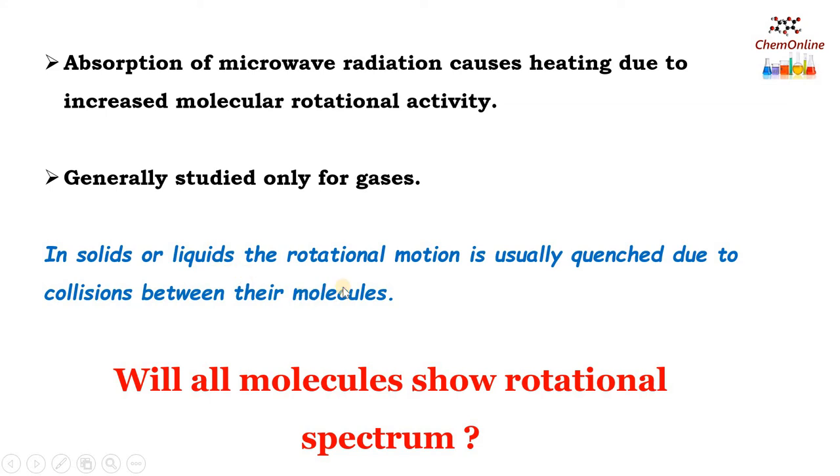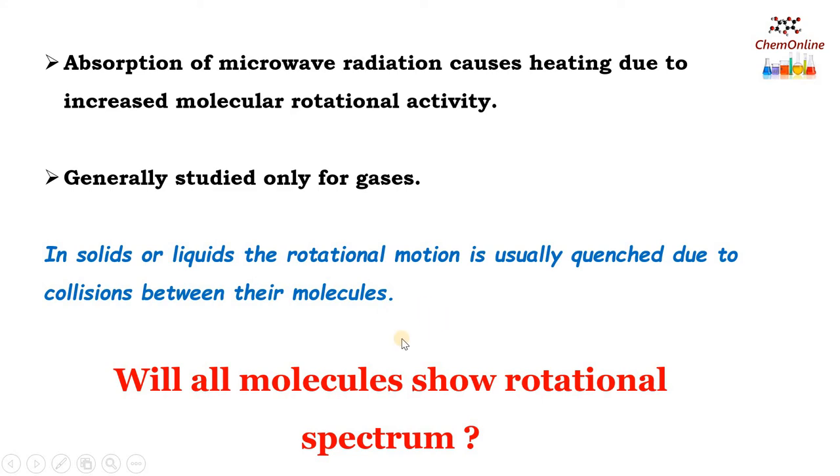In solids or liquids, the rotational motion is usually quenched or hindered due to collisions between molecules. So we can obtain pure rotational spectra only for gases, not for solids or liquids.